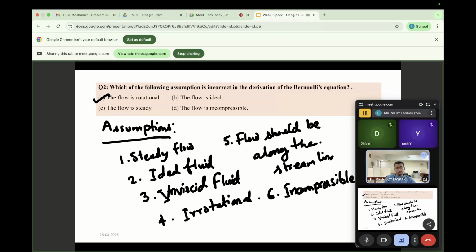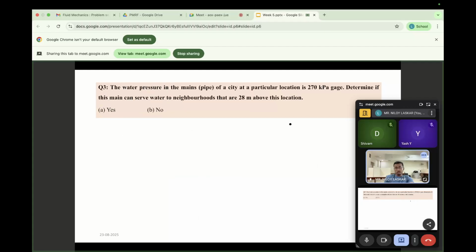So I am moving to the next question. See, it's another fundamental question. It is a statement that is either true or false, and you need to check. The question is: the water pressure in the main pipe of a city at a particular location is given as 270 kilopascal gauge. So this is the pressure reading at a particular location.